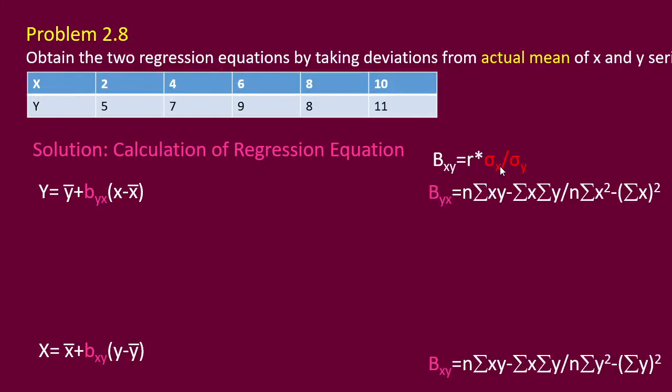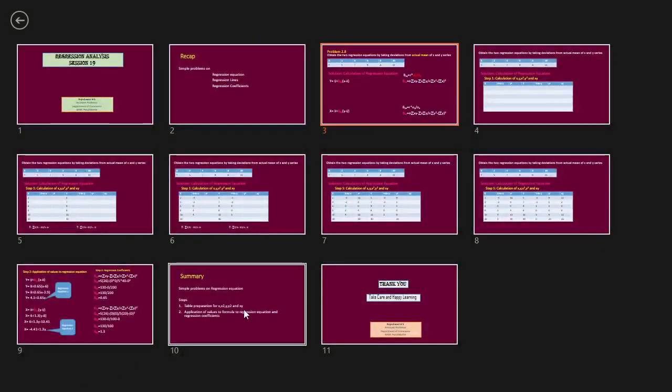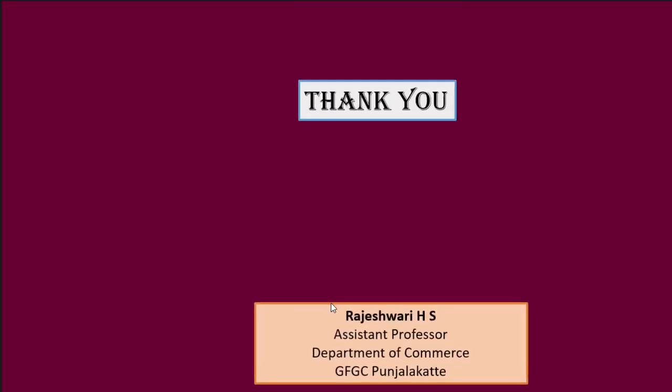So we cannot apply the standard deviation formula, we have to apply this formula. N into summation xy minus summation x into summation y divided by n into summation x square minus summation x whole square. I hope you understood the simple problem on regression equations and actual mean.